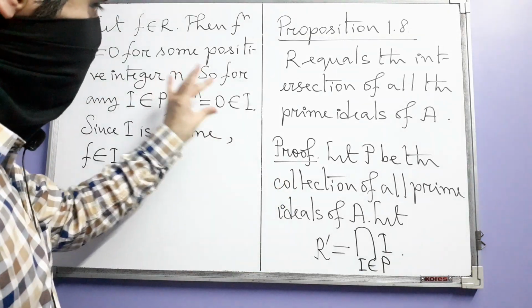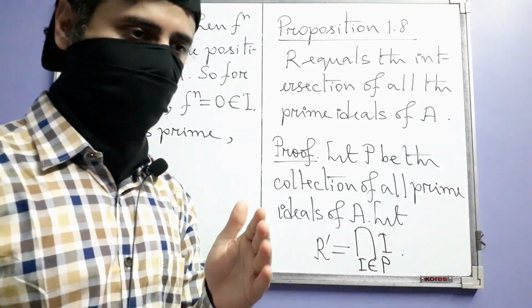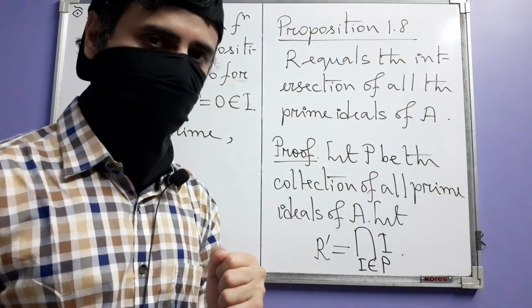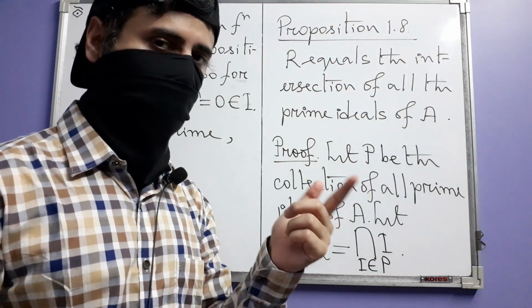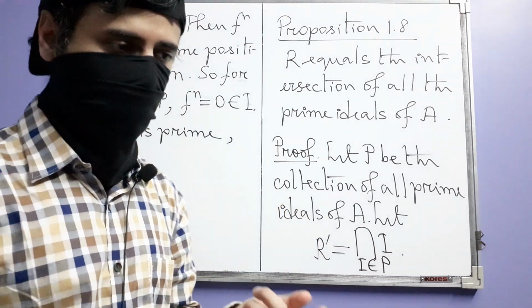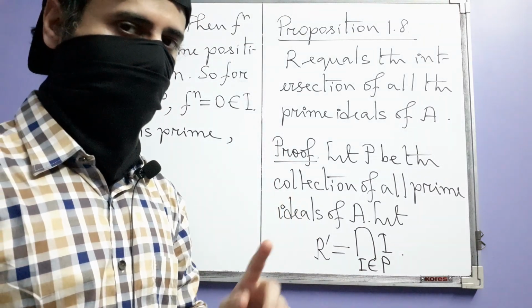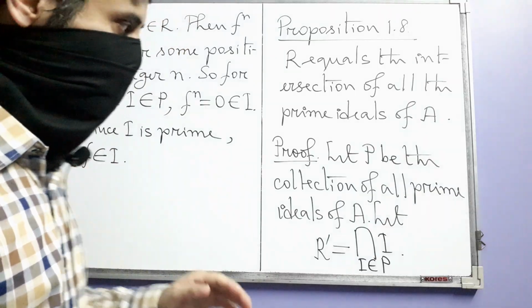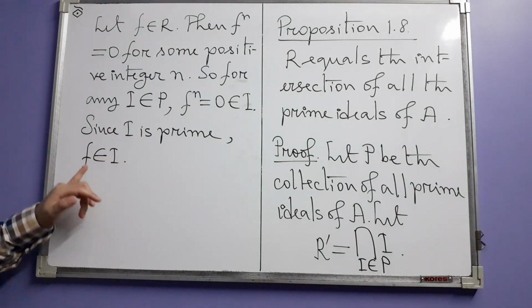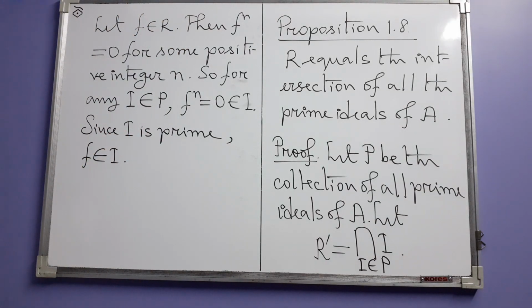If say f cube belongs to I, then f cube is f square times f. So either f belongs to I or f square belongs to I. If f belongs to I, fine. If f square belongs to I, then again you get that f belongs to I. So that's why in any case f has to belong to I.